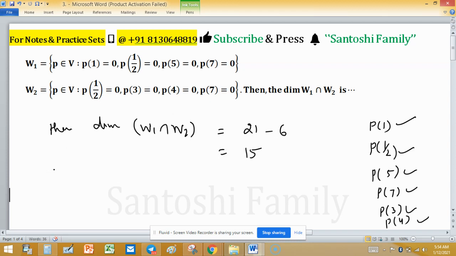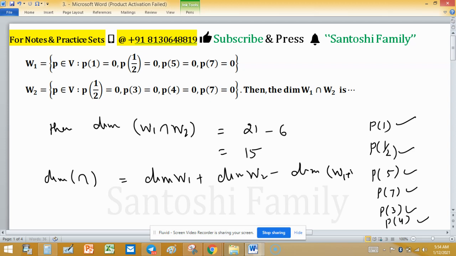You can also find the dimension by this formula: dimension of the intersection will equal dimension of W1 plus dimension of W2 minus dimension of the sum W1 plus W2. Using this formula, you will calculate the dimension of the sum of W1 plus W2.